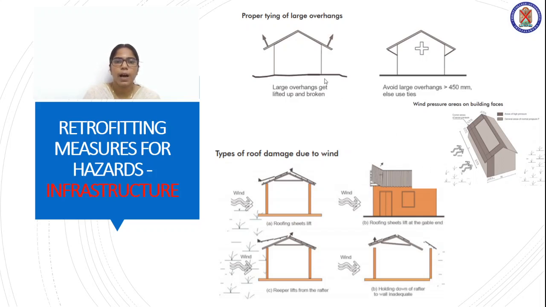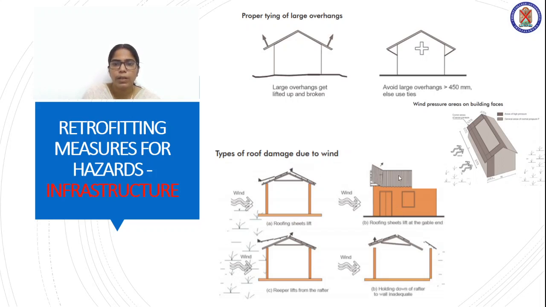There are large overhangs. They will easily get broken, and it is better to avoid large overhangs. And the type of roof should be taken care of in a construction. The type of roof you can see here.